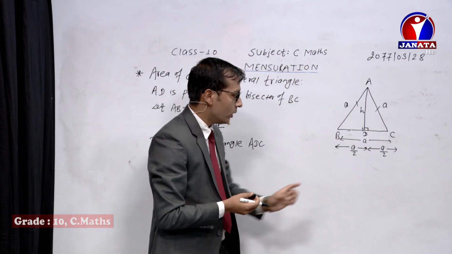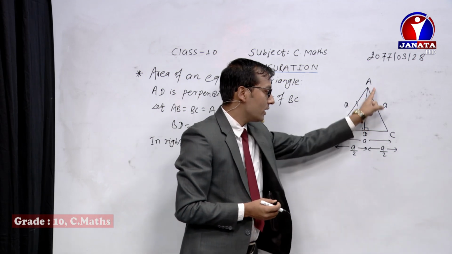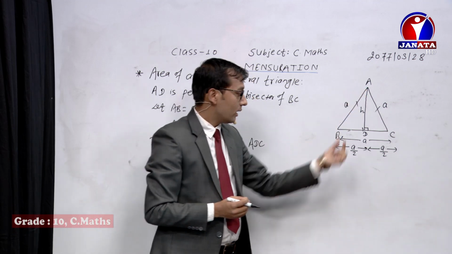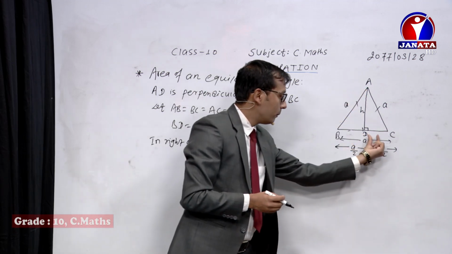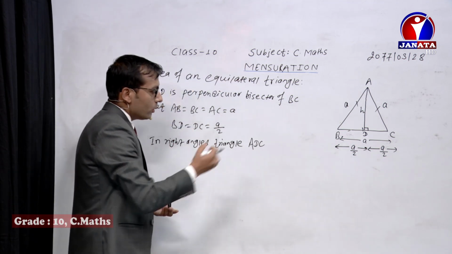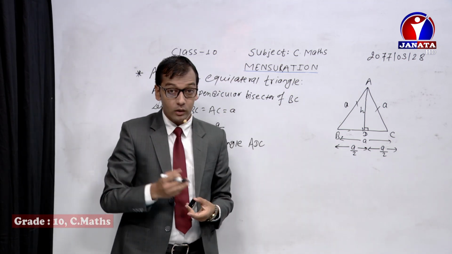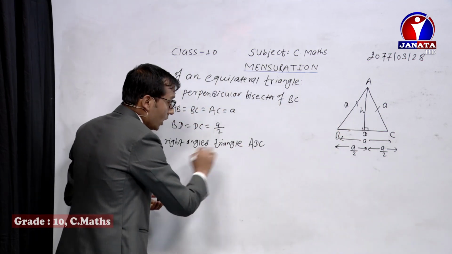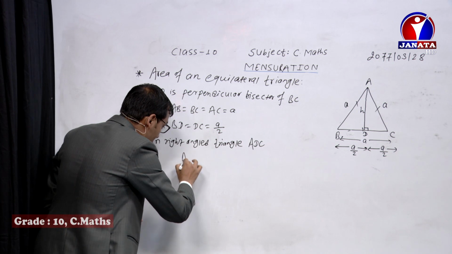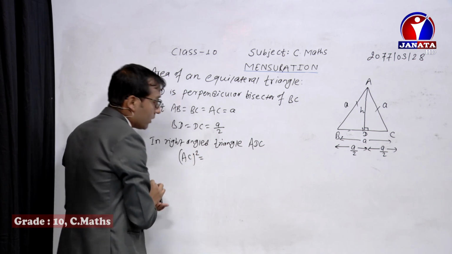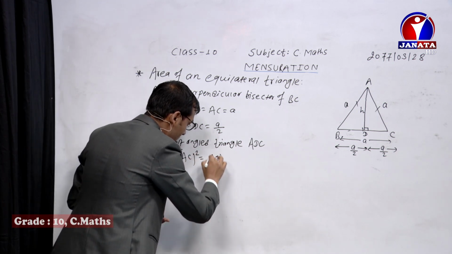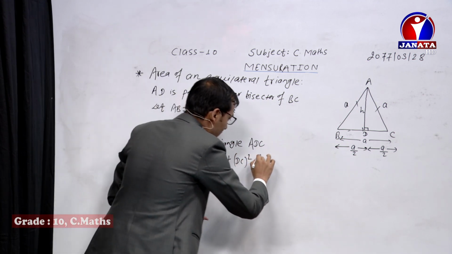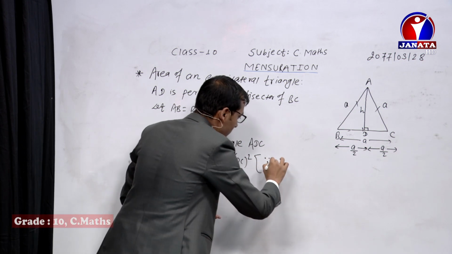The hypotenuse is the side opposite to the right angle. This is AC. The perpendicular is AD, and this is the height here. And what is the base? DC. So if we use the Pythagoras theorem, we can find the height. By using the Pythagoras theorem, let's write AC square is equal to AD square plus DC square. We know what the Pythagoras theorem is.